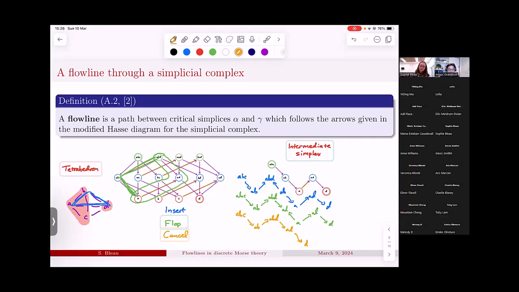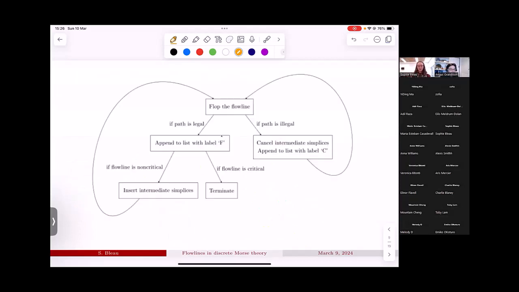And in particular, notice that if the intermediate simplex here is critical, then it won't have any Morse arrows attached to it. So we can't insert and we can't cancel. This means that the only thing we can do when we get to a critical flow line with a critical intermediate simplex, all we can do is flop, which I relate to. But so we will use this information for the next slide.